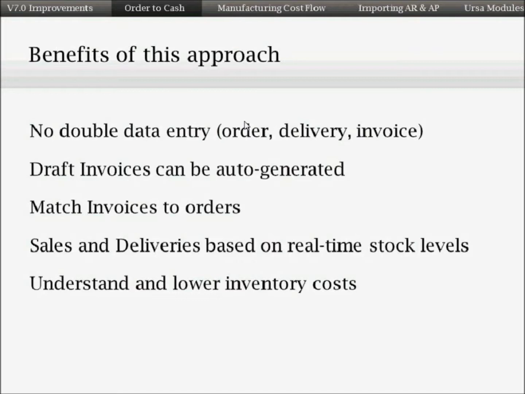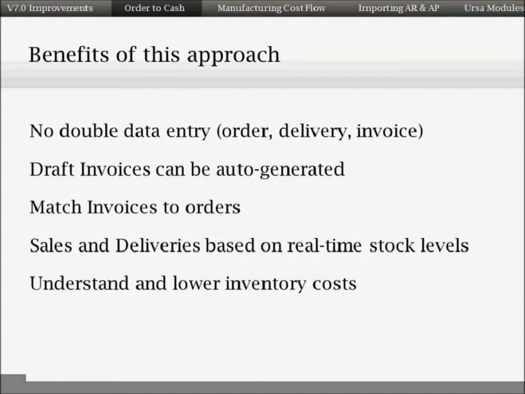and then it involves recording the invoice from the supplier and sending payment. So for our first scenario, order to cash, the benefits of doing it this way in OpenERP is that you don't have to enter information twice. Your order, your delivery, and your invoice are all using the same shared information, and you don't have to create a delivery document or an invoice.